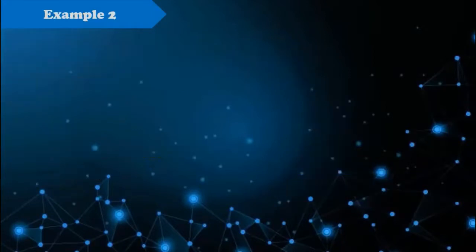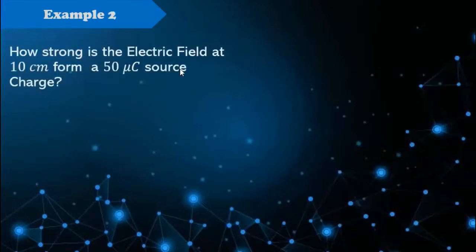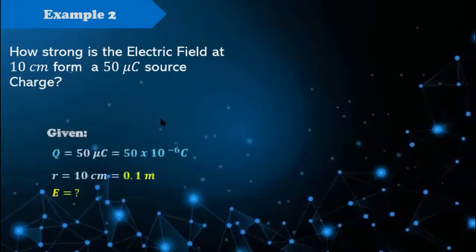Example number 2: how strong is the electric field at 10 centimeters from a 50 microcoulomb source charge? The given are the source charge, which is 50 microcoulomb, and that is equal to 50 times 10 raised to the power of negative 6 coulomb. The second given is the distance, which is 10 centimeters.